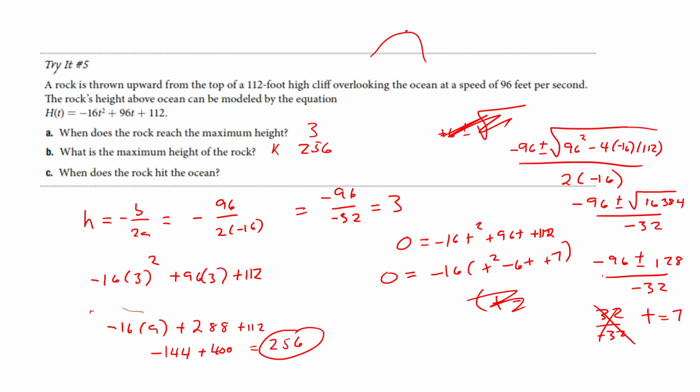So I just did the quadratic with some big ugly numbers, so I could get rid of the time that's negative. That's meaningless. But I find that 7 seconds is when this rock would hit the ground. That's just the x-intercept. Because it's an upside down parabola, finding the h and the k gives me the time when it reaches the maximum height, and the actual maximum height is the k.